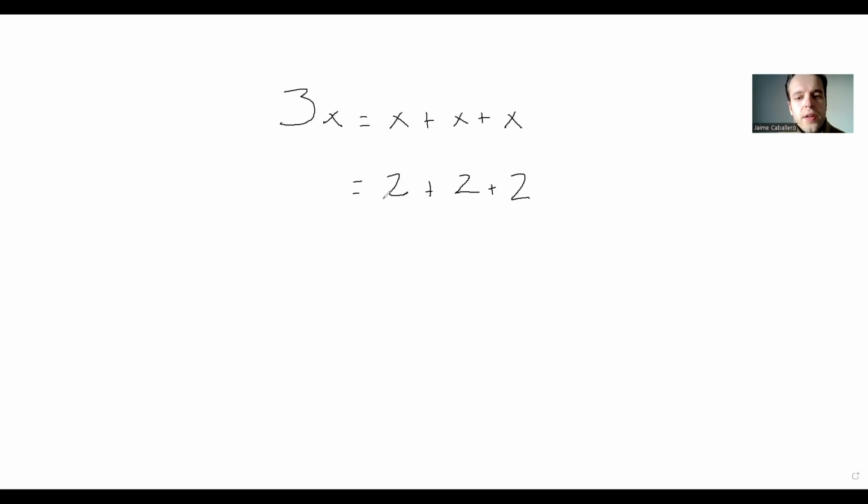If you think again of the times table of 2 in this example, 2 times 1 is 2, 2 times 2 is 4, 2 times 3 is 6. We're simply adding 2 to itself a certain number of times. Adding it 3 times means we're multiplying it by 3. 3 times 2 equals 6, or 2 plus 2 plus 2.